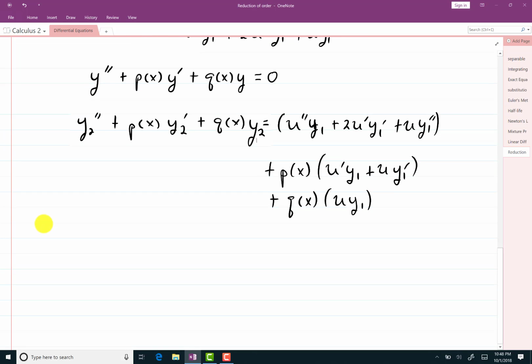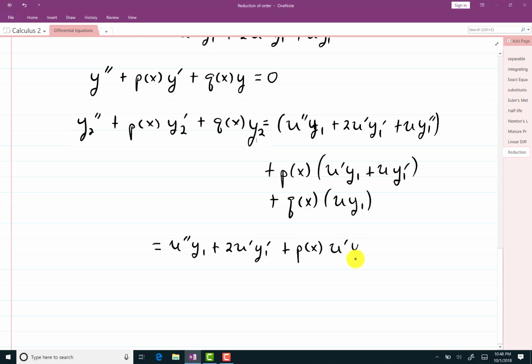All right, let's do some work on these things. Starting, first of all, since I already know that y1 is a solution, I'm going to strip out the y1 primes, double primes, and everything else. So I'm going to have u double prime y1 plus 2u prime y1 prime plus p of x u prime y1.